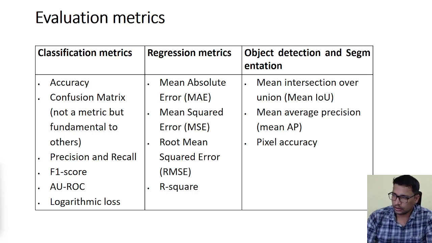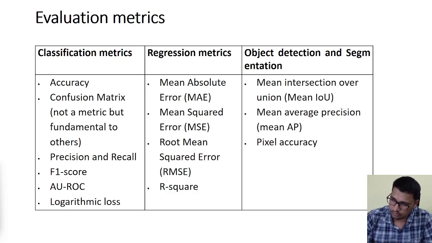Similarly, for regression, we have different evaluation metrics like mean absolute error, mean square error, root mean square error, and R square error. And another is R square, not the error, but just the R square.